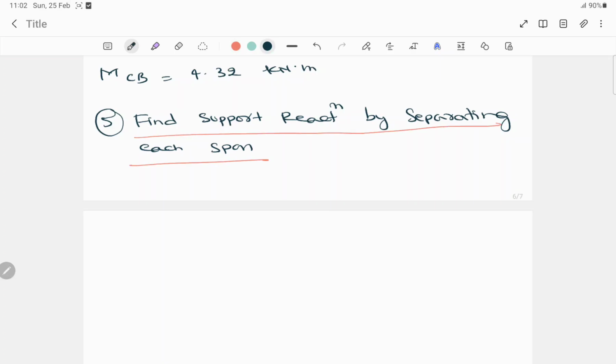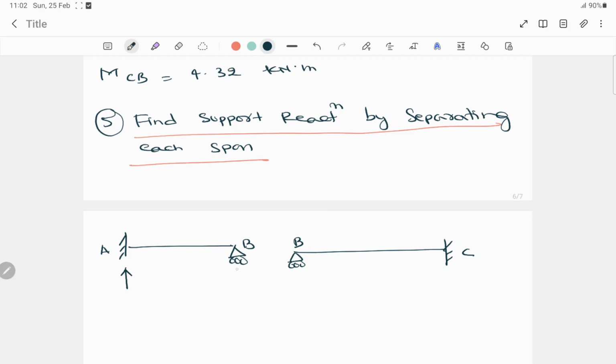So here we have to separate each span. See, in the question it was like this, right? From A to B, it's a roller, so it's A point and B point, and again this one we have to separate. B point is a roller and this is fixed C. So by separating we have to find the reactions.